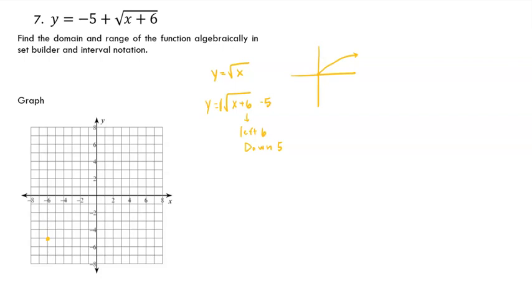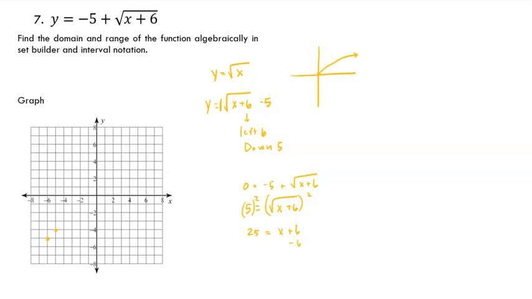And then this right here is slope, so we can go up 1 and to the right 1. But it only works for that one point. Okay, so we can put some more points in. I mean, we can actually solve it for y equals 0: 5 equals the square root of x plus 6, and square both sides. 25 equals x plus 6.